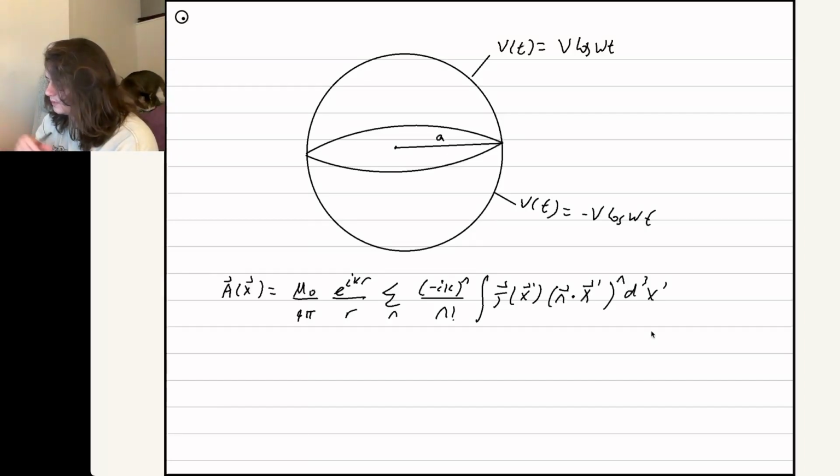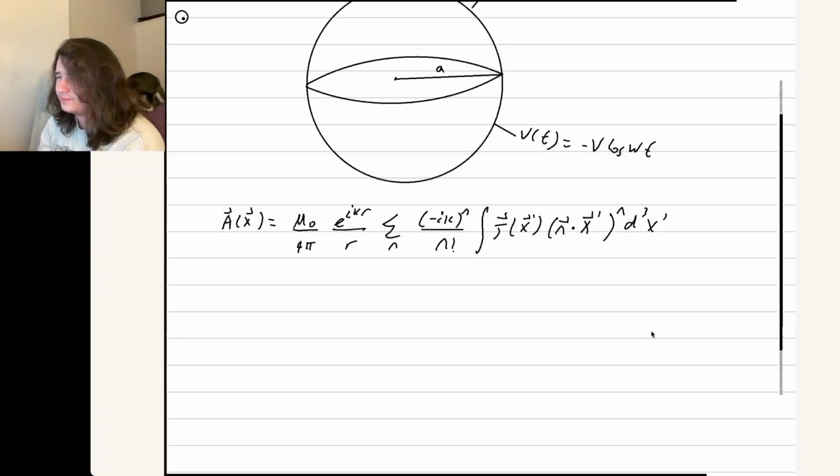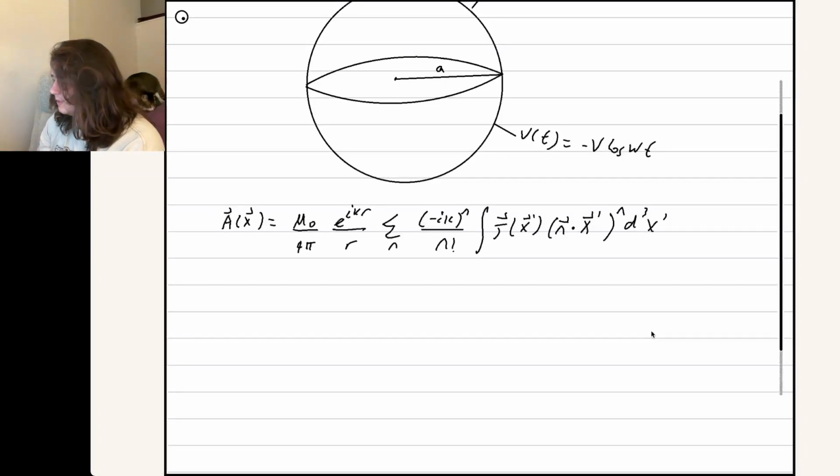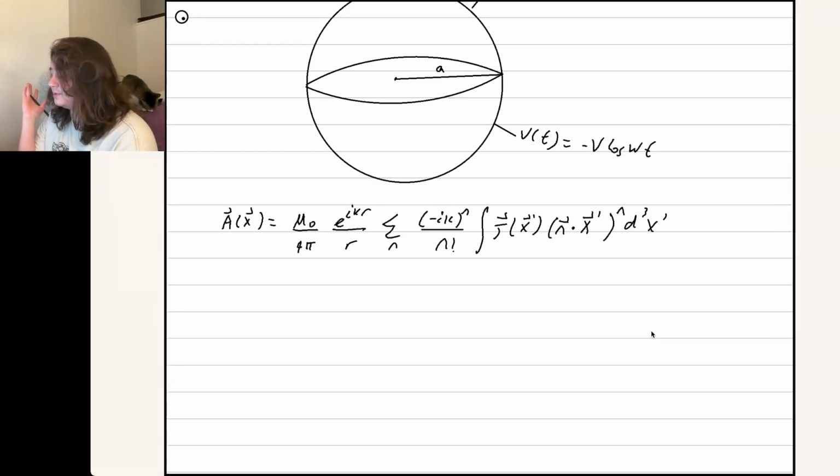Now that we have this nice expansion form, we're not going to worry about any terms where n is greater than 0, because the size of the system can be treated as small, so we're just going to let n equal 0 anywhere that it shows up.